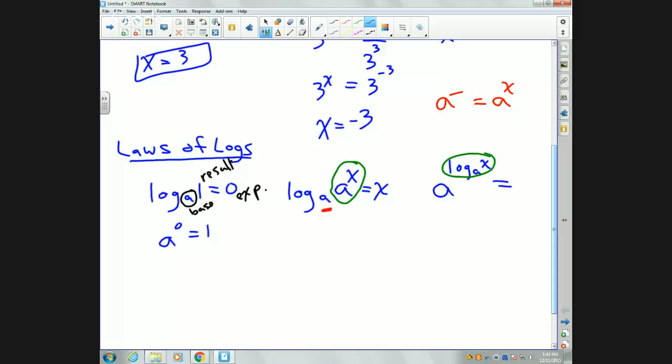I know this is really kind of confusing. There's a couple ways that we could look at it. What do you know about the exponential function and the logarithmic function? They are inverse functions. And what does that mean?